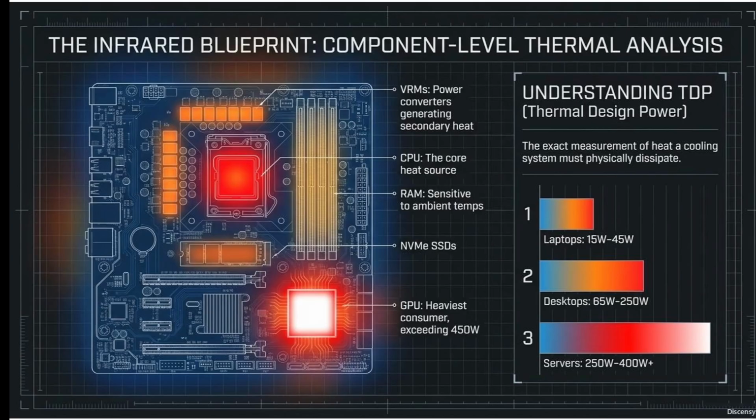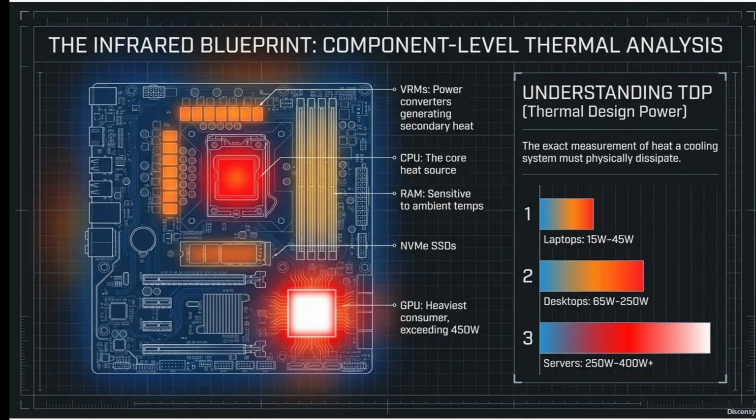The infrared blueprint: component level thermal analysis. Let's get to know how much heat is generated by each and every component as well as different types of computers. VRMs are power converters which generate secondary heat.